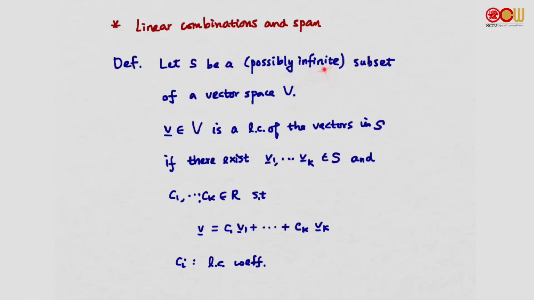There may be infinitely many vectors in S. A vector v in V is a linear combination of the vectors in S if we have v1 to vk in S and some scalars c1 to ck such that v is a linear combination of these vectors, and these ci, like before, we call linear combination coefficients.